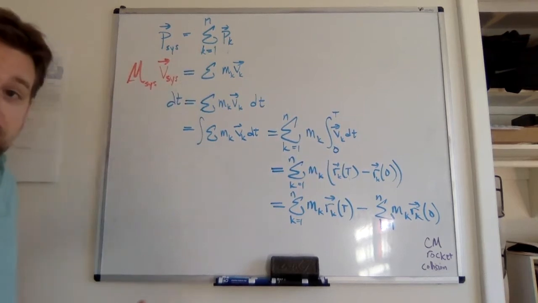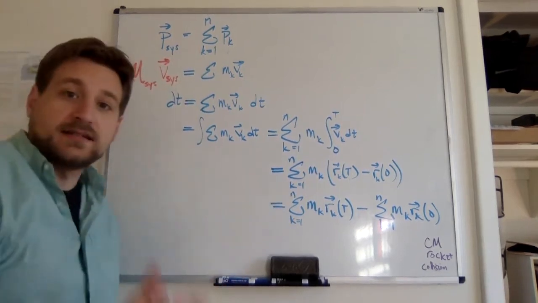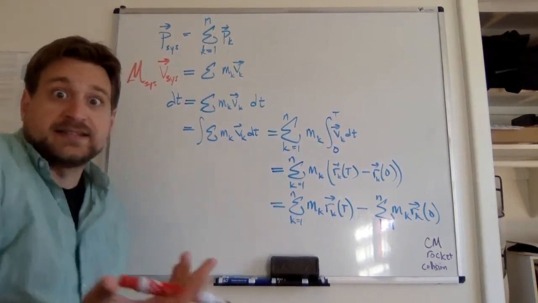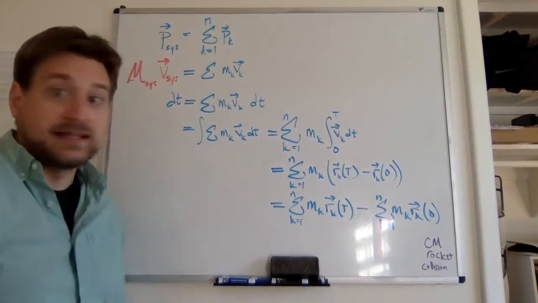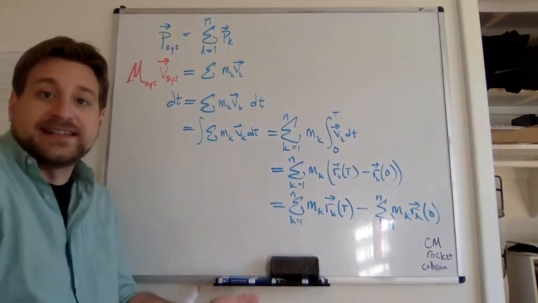That's how we define momentum. If the system has momentum, then I guess it has at least an effective mass and an effective velocity.